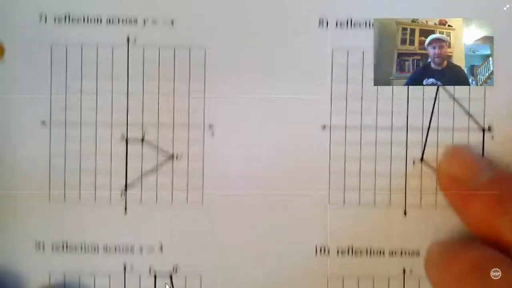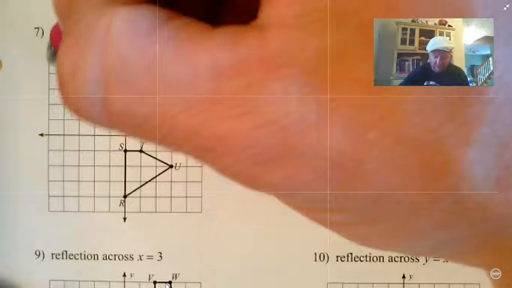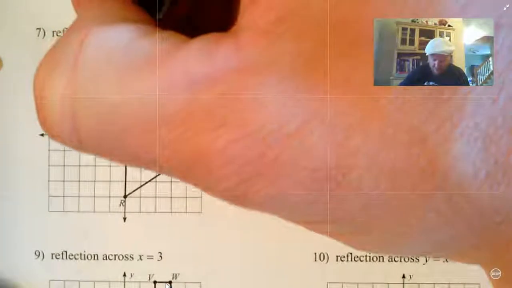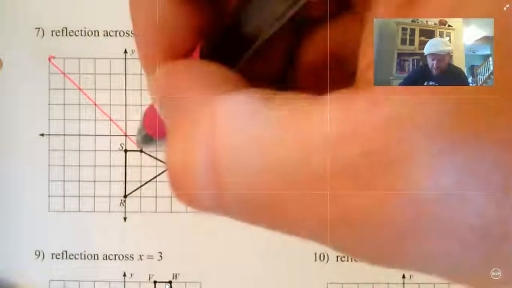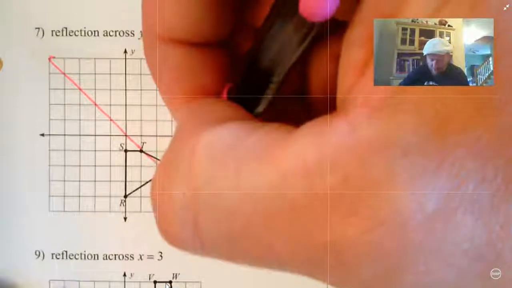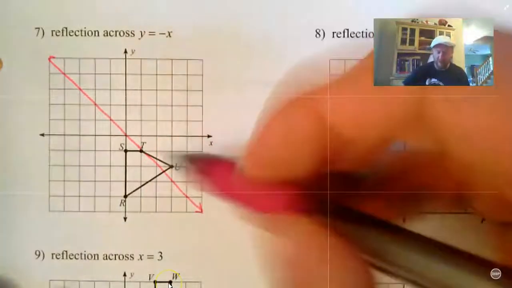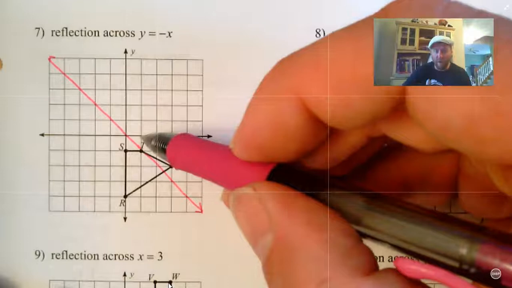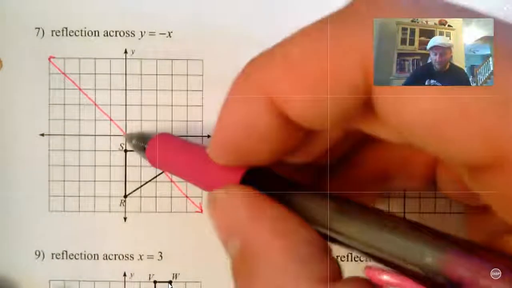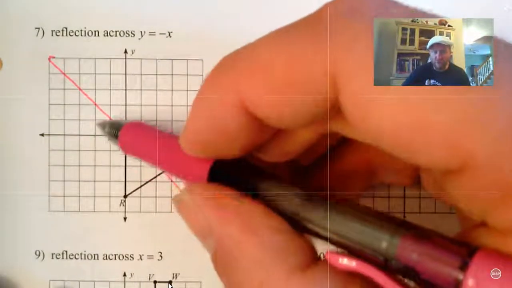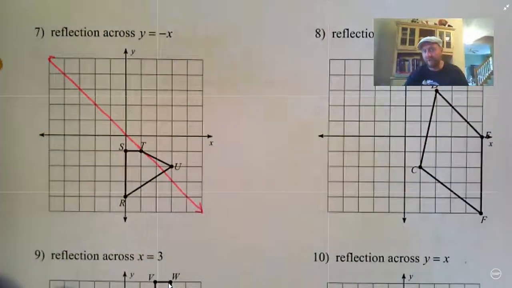All right, let's see. Reflect across the line y equals -x. Well, again, that's the line that passes through the origin and contains all the points where the x-coordinate is the opposite of the y-coordinate. So, for example, 1 and -1, or -2 and +2. So the x-coordinate and the y-coordinate for each point are opposites.